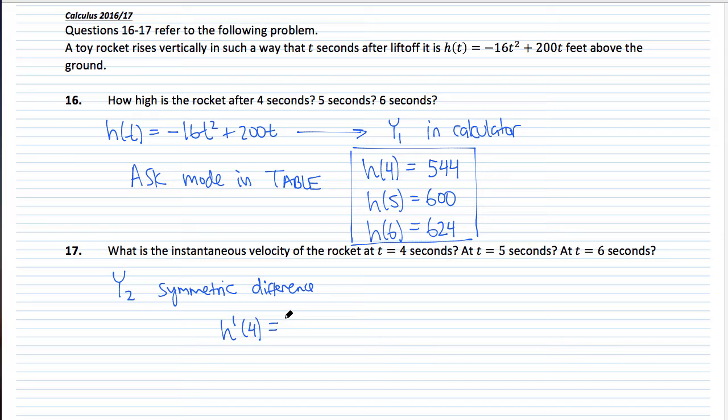So h prime at 4 seconds for me is 72. H prime at 5 seconds is 40. And h prime at 6 seconds is 8. If you did this all by hand rather than using the table in your calculator, this would take you much, much longer.